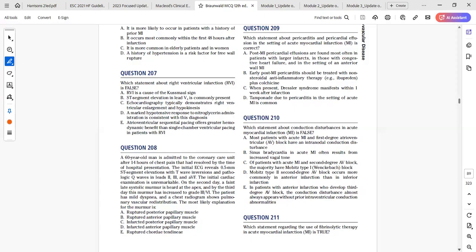Then atrioventricular sequential pacing offers greater hemodynamic benefit. So in a situation where you need to do pacing, the atrial filling, that 25% kick, is very vital in RV infarction, knowing that it could cause a reduction in the LV output.